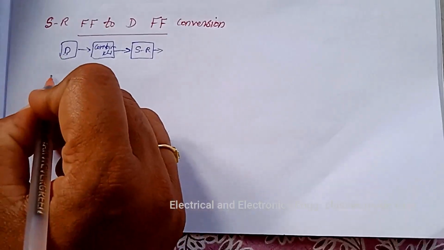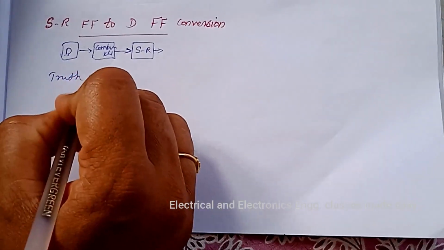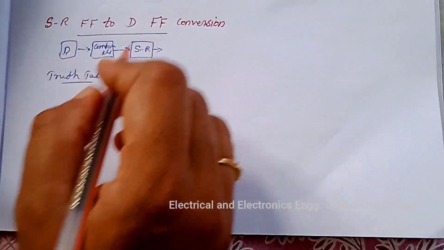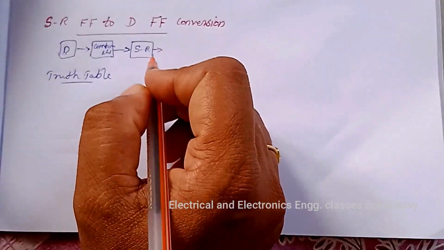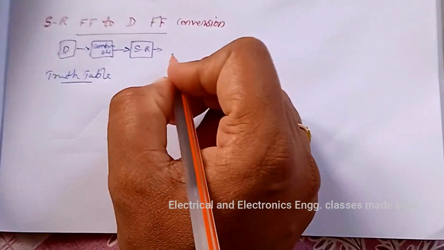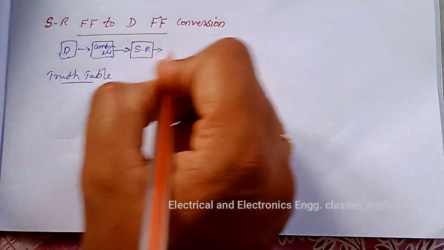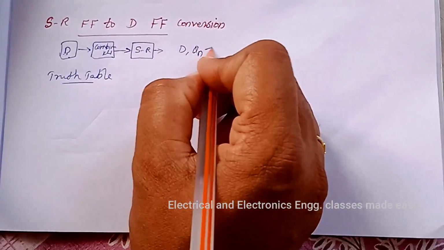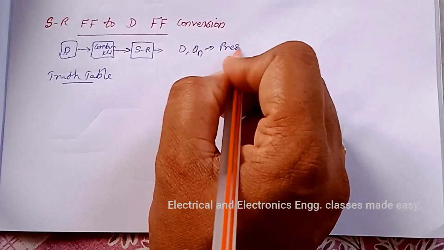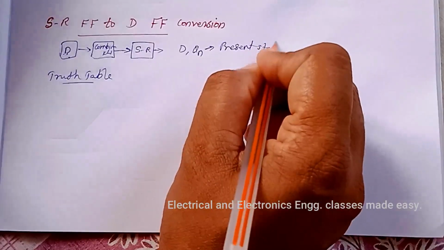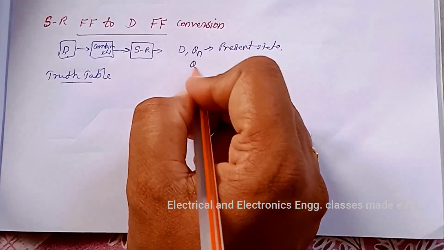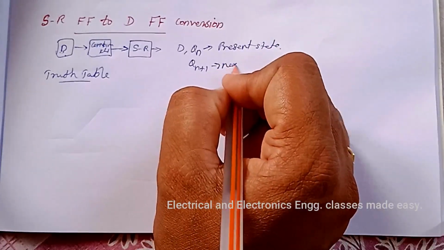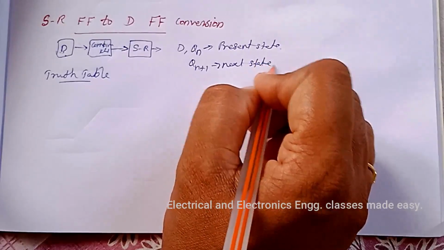So let us write the truth table with the inputs D and Qn, where Qn is the present state of the flip-flop and Qn plus 1 is the next state to be obtained.